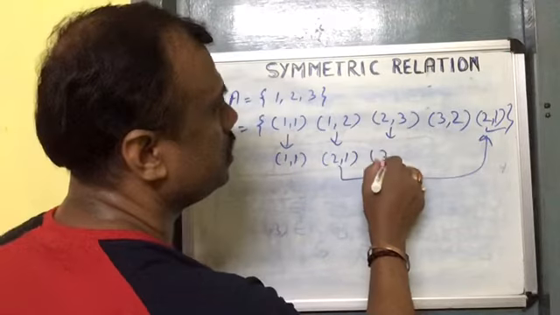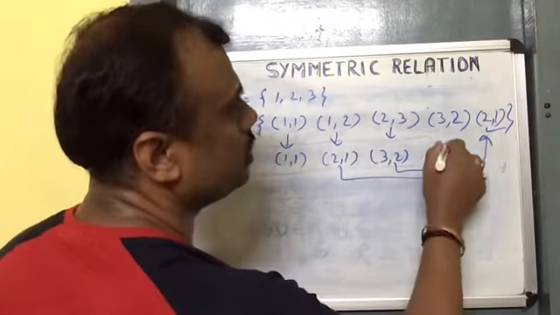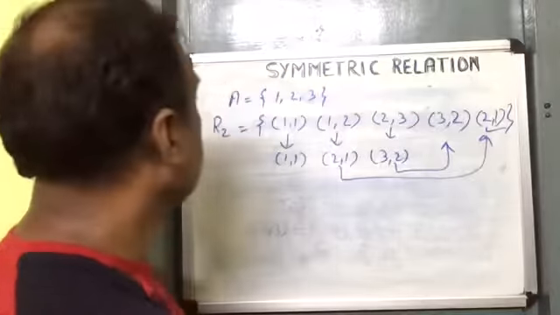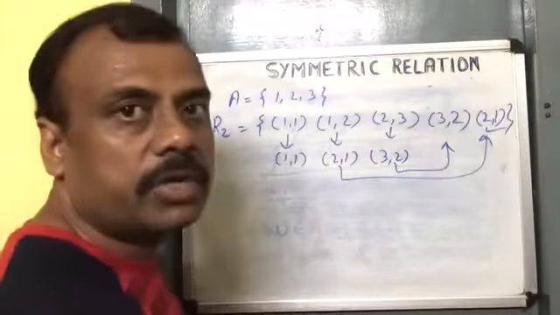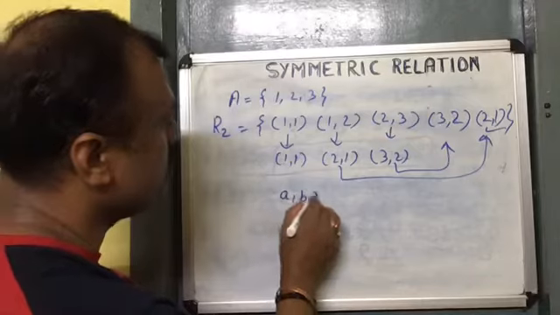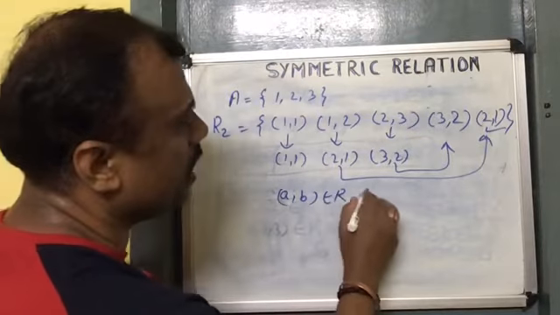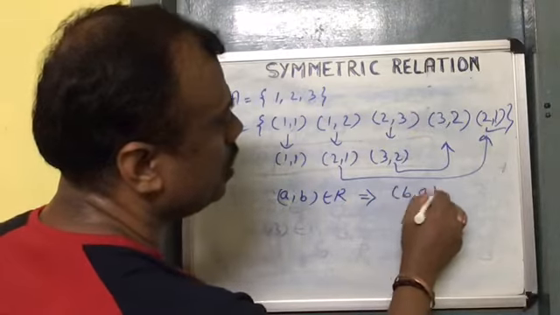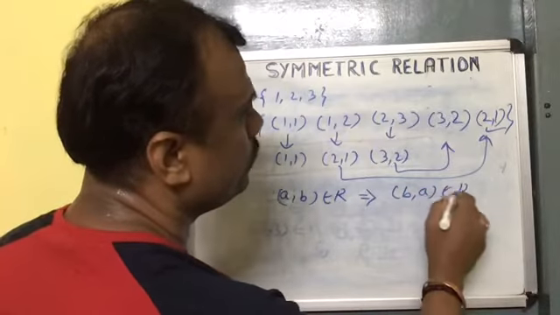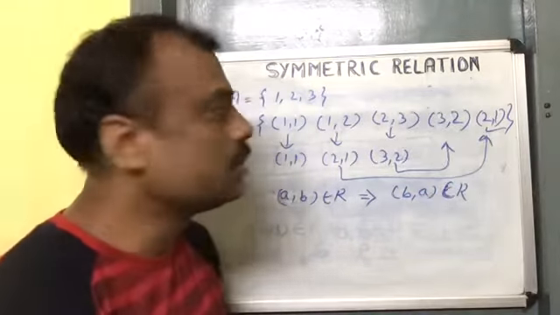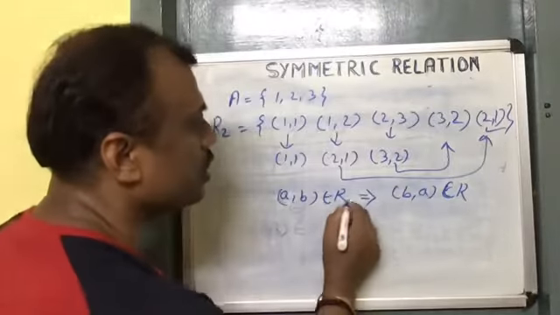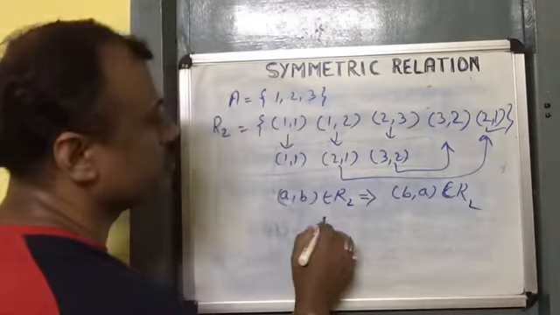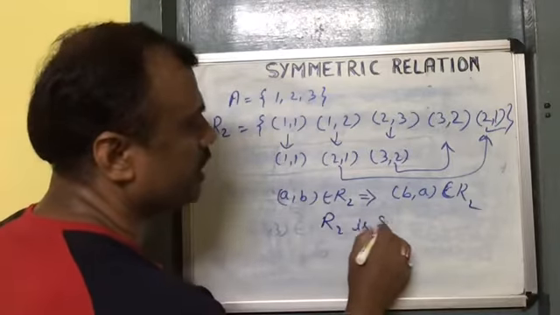Reverse of (2, 3) is (3, 2), so (3, 2) is there. It means the relation R2 is satisfying: if (a, b) belongs to R implies that (b, a) belongs to R. That means R2 is a symmetric relation.